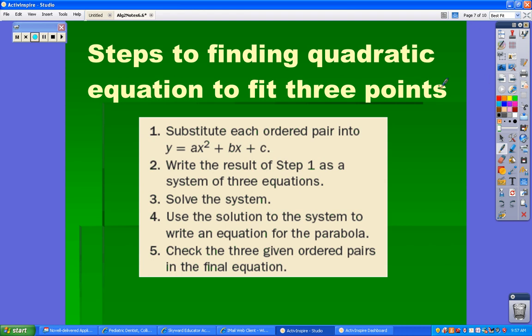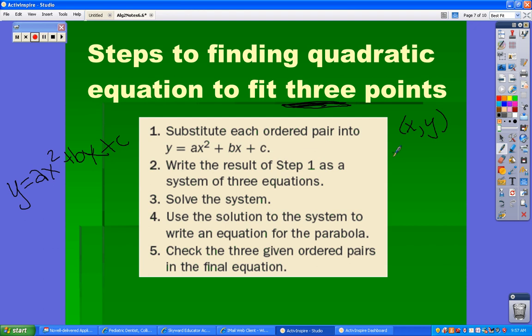Okay, here are the steps to finding a quadratic equation to fit 3 points. They're going to give us 3 points, and we're going to find that equation, y equals ax squared plus bx plus c. I want you to write this down. You're going to plug these 3 xy points into this equation.